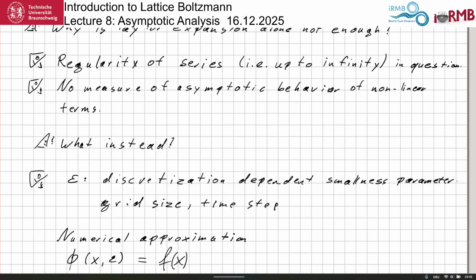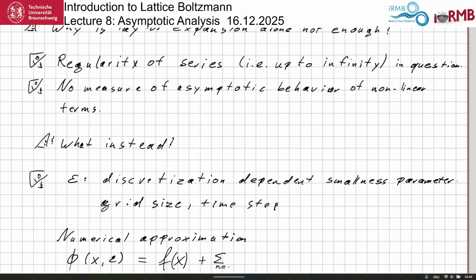Therefore, we replace f of x with phi of x and epsilon, with the difference that phi of x and epsilon is something that we can solve. F we cannot solve, but it's what we want to know. And phi we can solve, but it's not f, because in addition to being f, it also comes with an error.